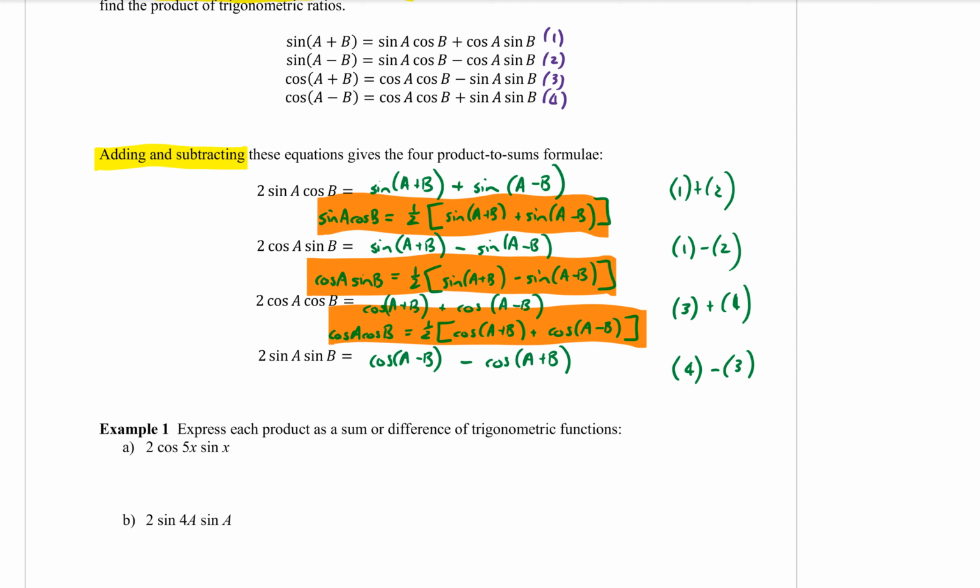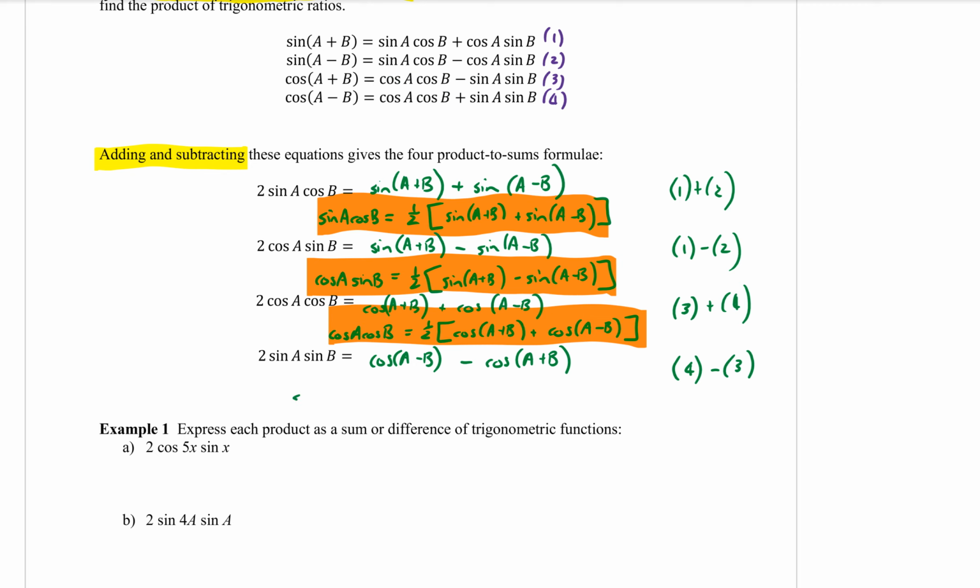When I subtract these parts, cos A cos B minus cos A cos B, they will disappear. And sine A sine B, minus minus, will make that part a plus. Sine A sine B will give me the 2 sine A sine B. So it works.